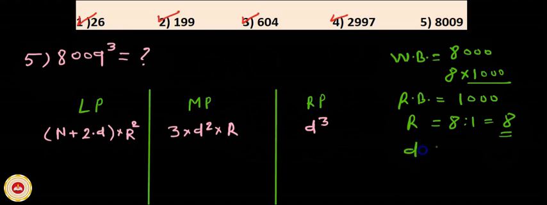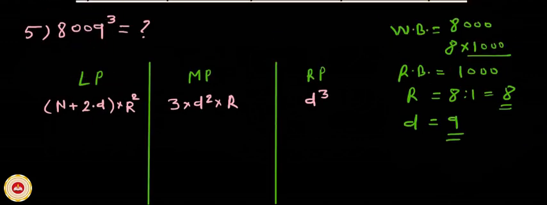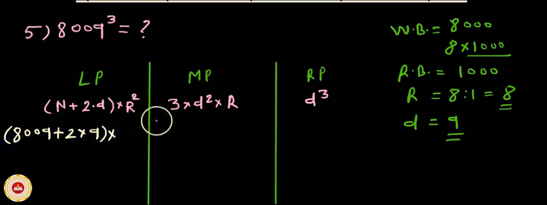What is deviation? Deviation is 8009 minus 8000, that is 9. This 9 is the deviation. So the left part is: given number n, 8009 is the given number, plus 2 times deviation 9. Okay, let us put this in bracket, multiplied by ratio squared.